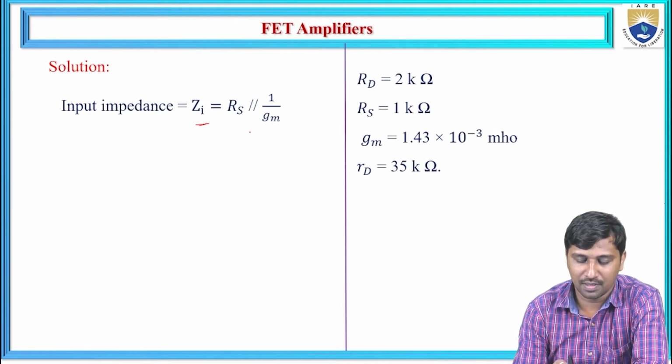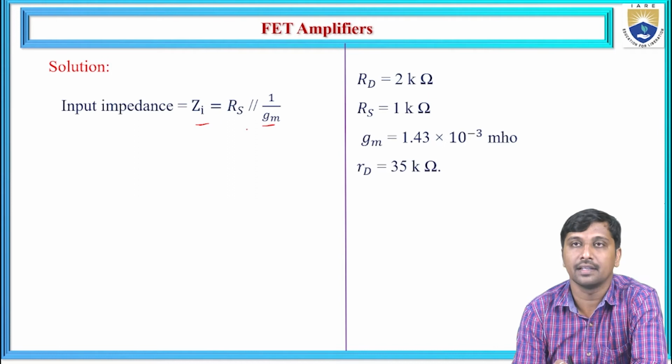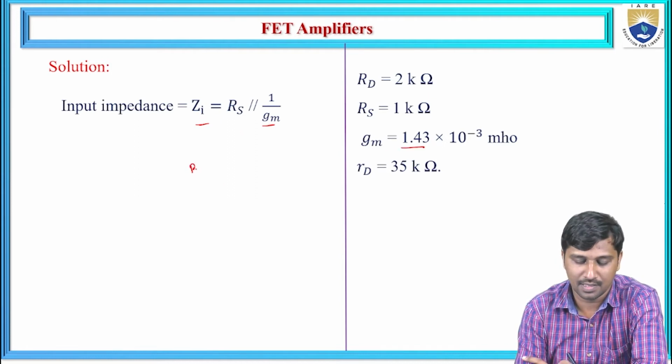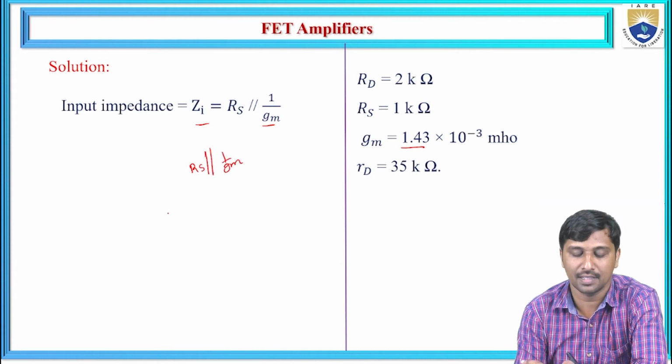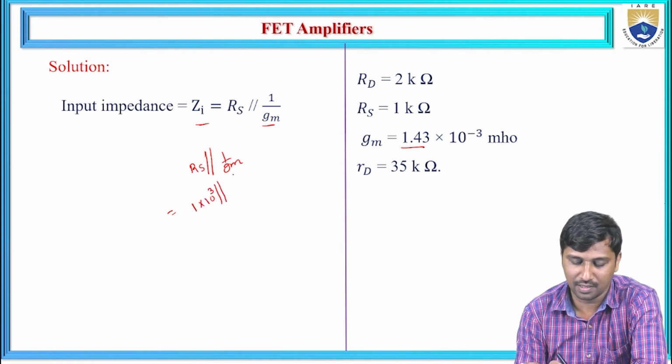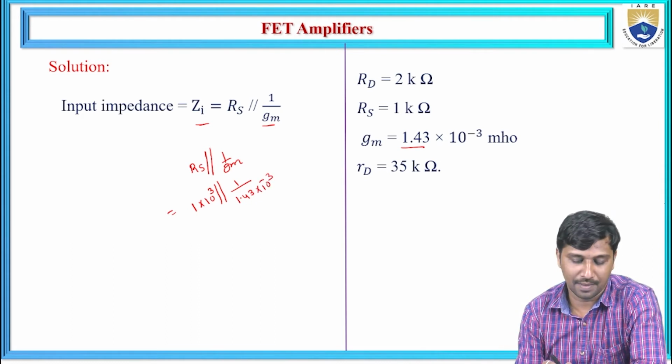The transconductance value is given directly, hence RS, 1 into 10 power 3, is in parallel with 1 by Gm, that is 1 by 1.43 into 10 to the power of minus 3.